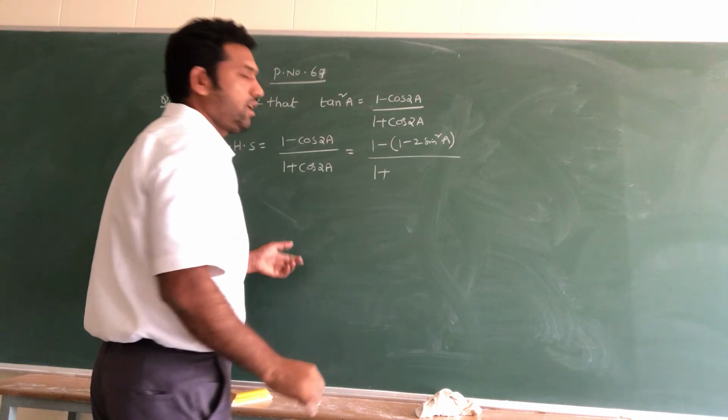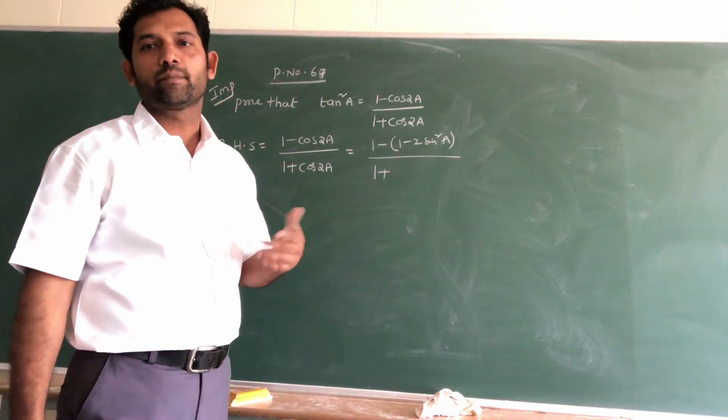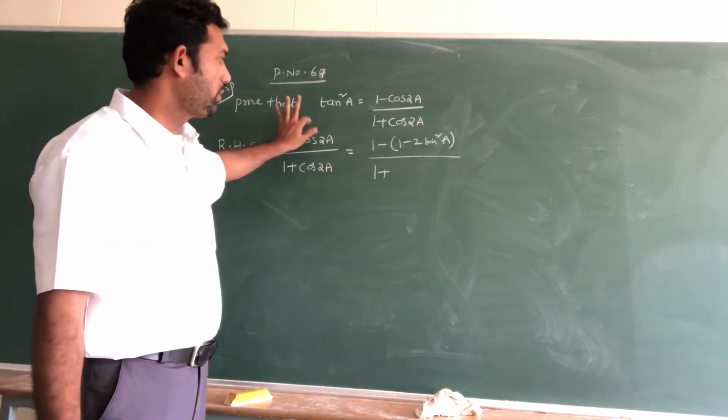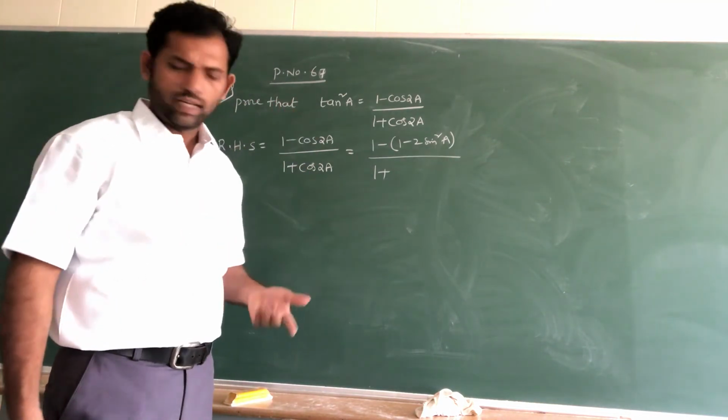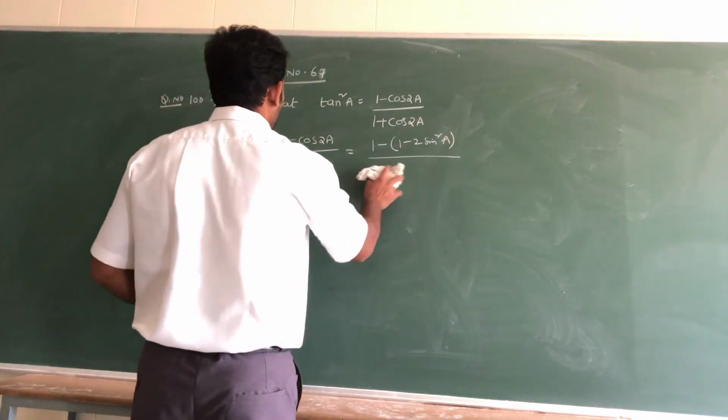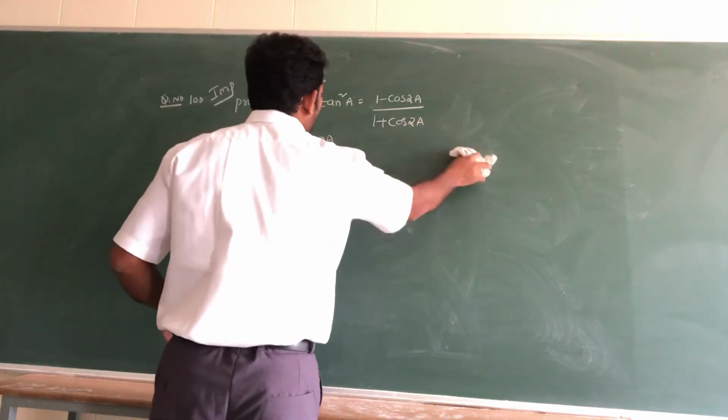1 plus cos 2A, where we can take the value in terms of cos. Otherwise, do one thing, a simple simplification. We can do it more simply.